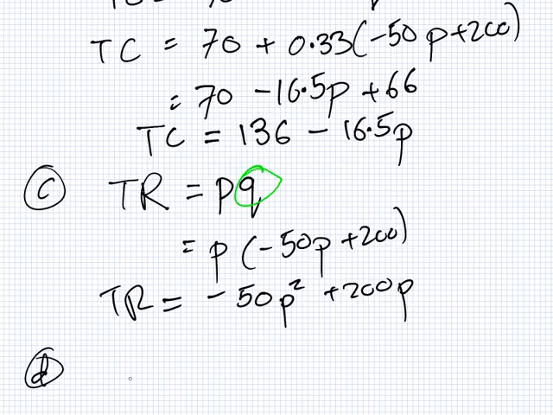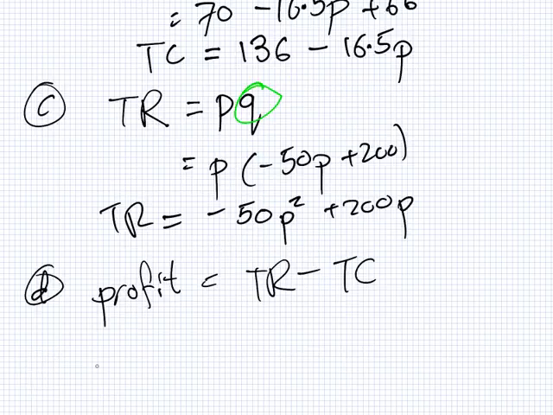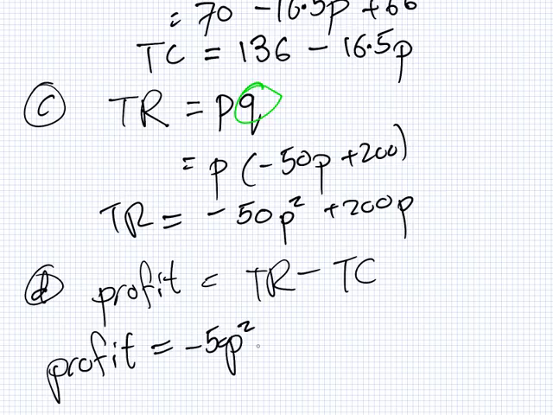So what is the formula for profit? Sales revenue minus total cost. So the profit is total revenue minus 50p squared plus 200p minus total cost, which is 136 plus 16.5p.